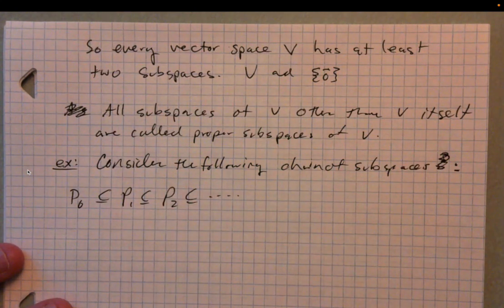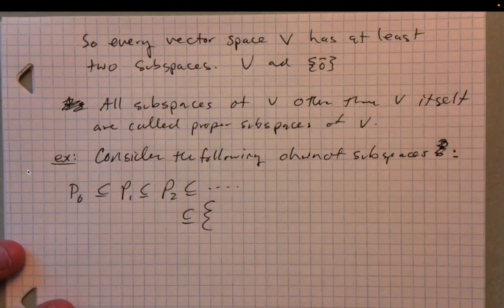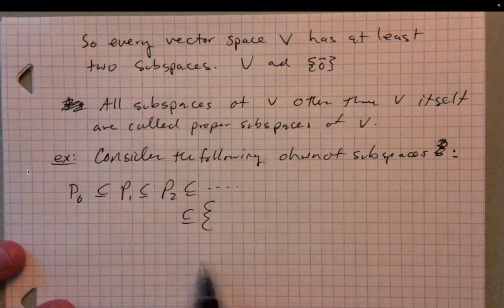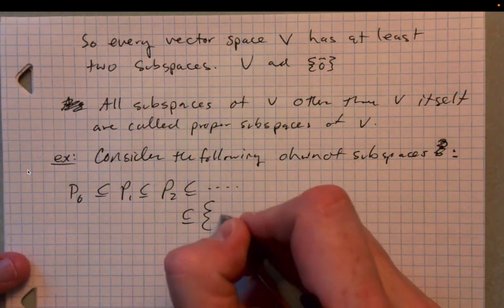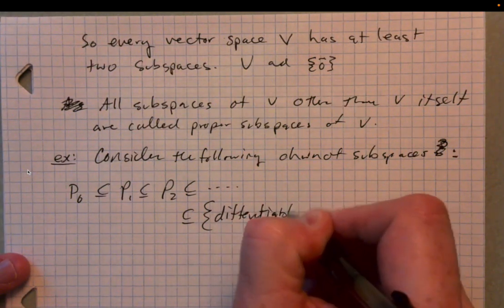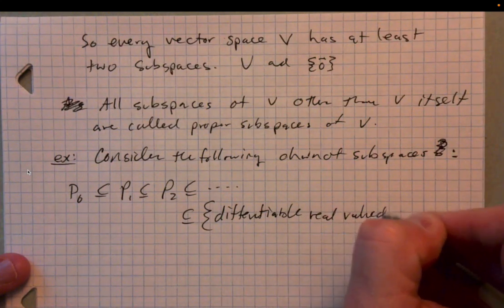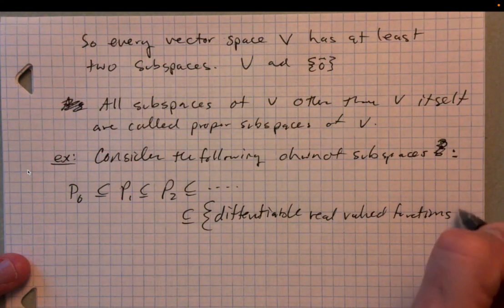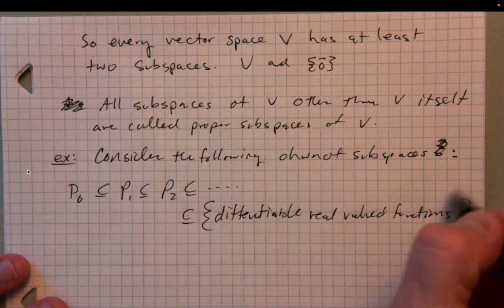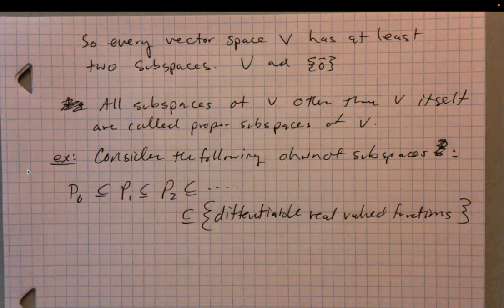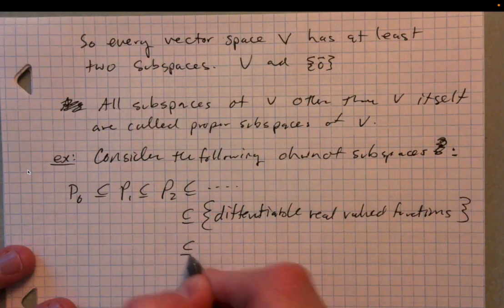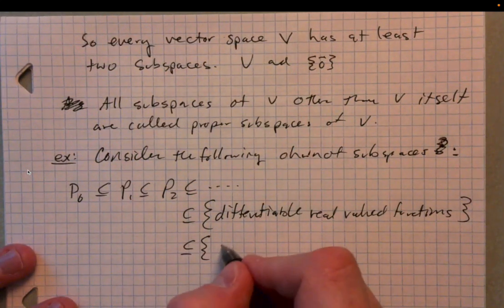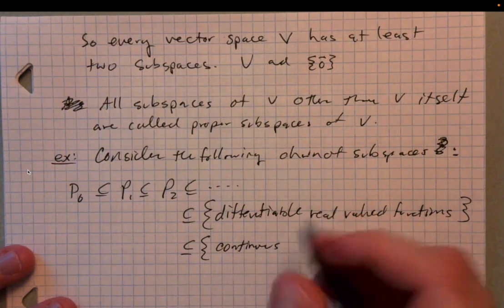And somewhere down the line, we get the subspace that consists of all differentiable real valued functions on R. These are all on R. Real valued functions on R. And this itself would be a subspace of another set, which would be the continuous real valued functions.